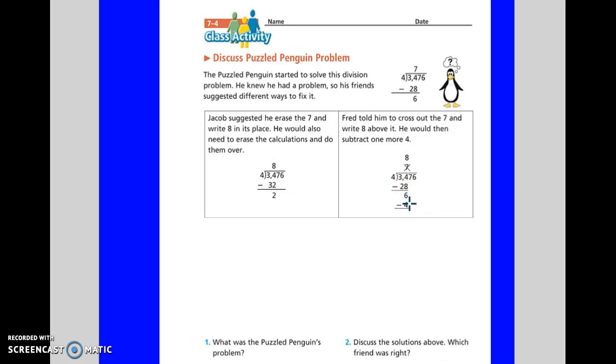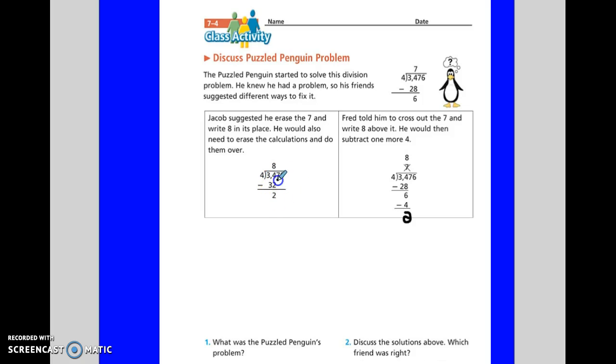But if you think about it, the difference between the 32 that I should have got and the 28 is exactly 4. So if I subtract this 4, what do I end up getting? I end up getting a total of 2. And I want you to look. If I get a 2 here, look, it's the same 2 here.